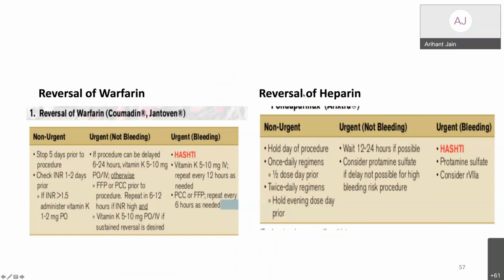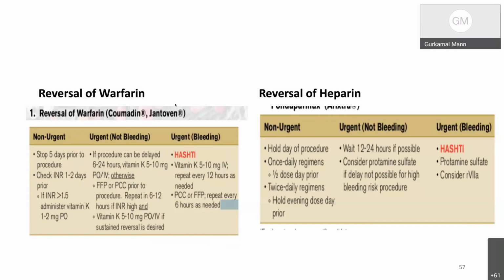For heparin reversal, what is the antidote for heparin? Govind Raju. Is he there? Gurkamal? Protamine.